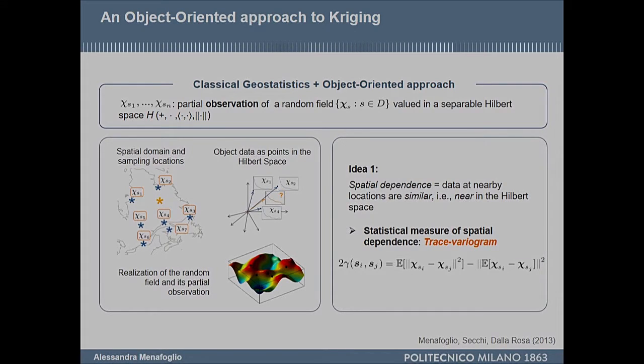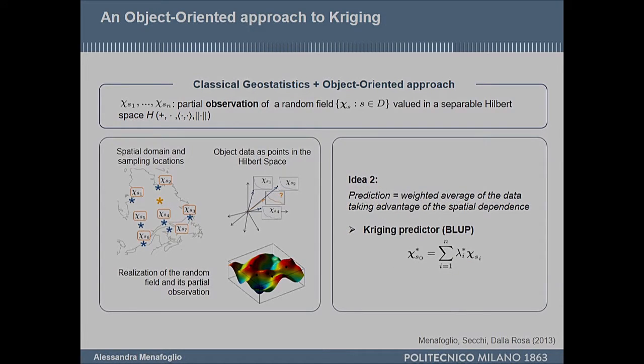The first idea is, as I said, to model the spatial dependence. So what we actually do is to give a statistical measure of spatial dependence, that is the trace variogram, that is precisely defined in terms of how different the data are at different locations. So if you're familiar with geostatistics, you will recognize the classical form of the variogram, where instead of having just the modulus, we have the norm.